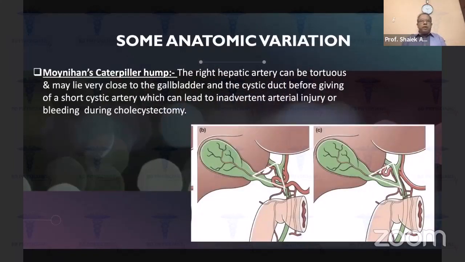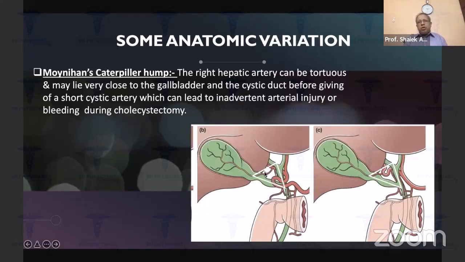Some anatomical variations need to be known, which is called Moynihan's caterpillar hump. In that case, the right hepatic artery can be tortuous and may lie very close to the gallbladder and the cystic duct before giving off a short cystic artery, which can lead to inadvertent arterial injury or bleeding during cholecystectomy.